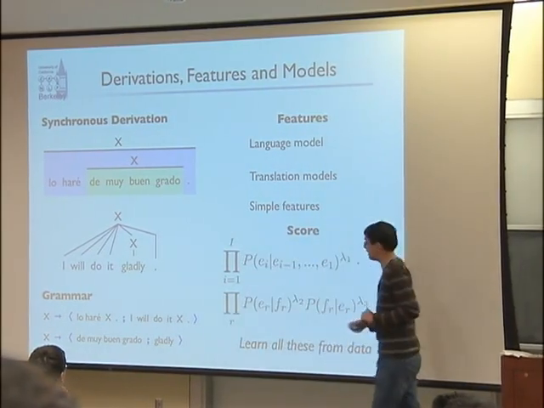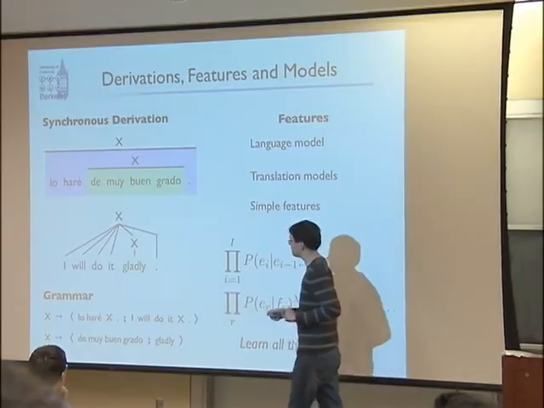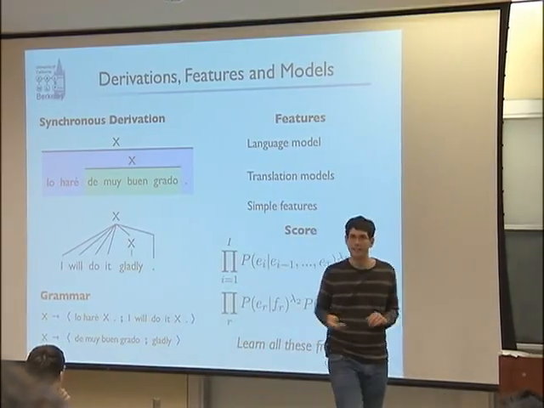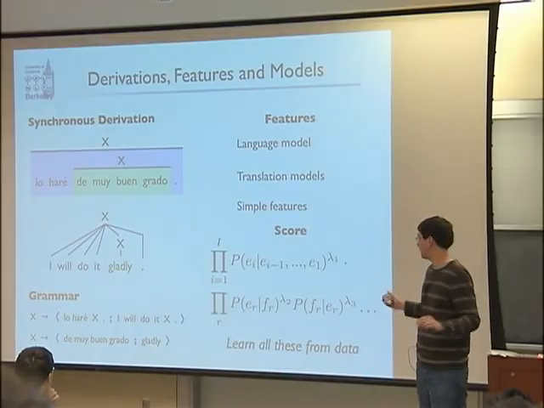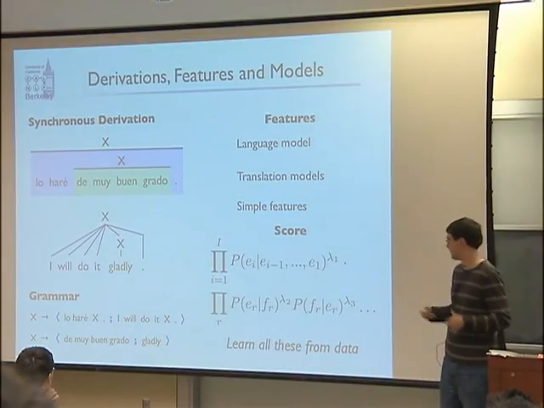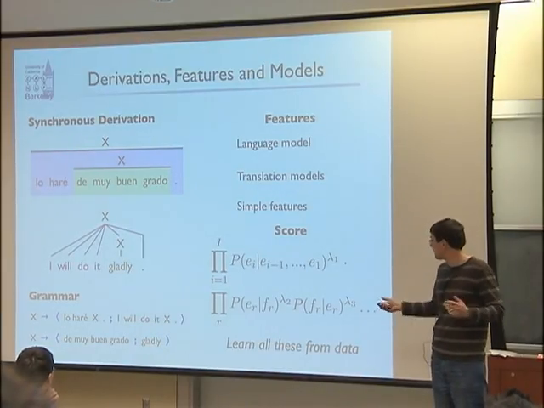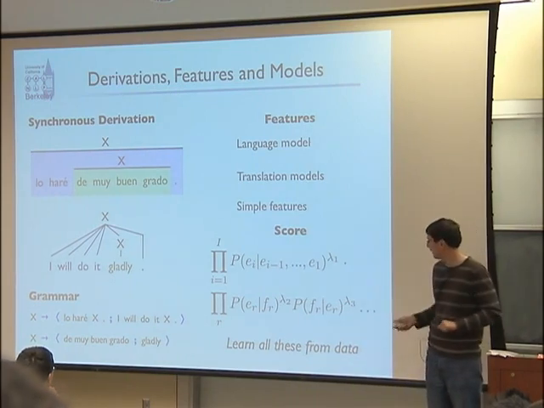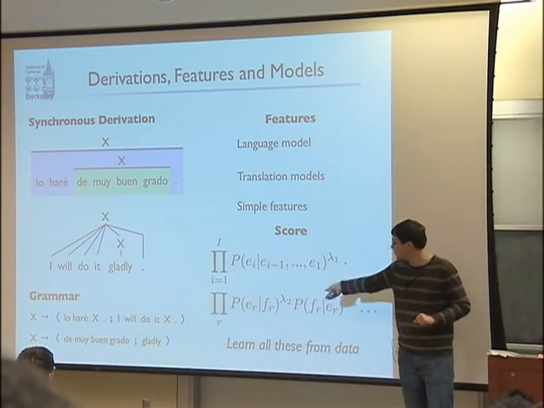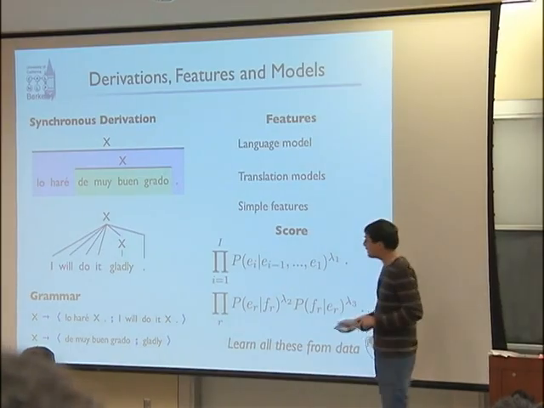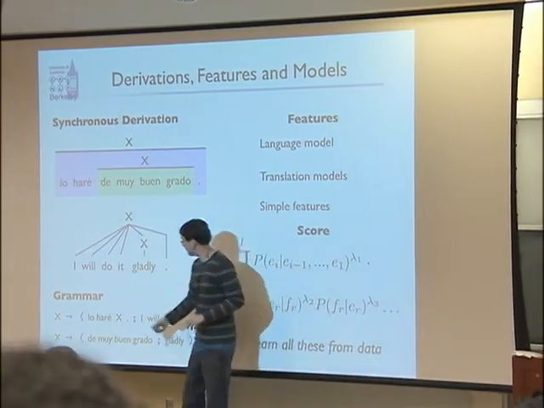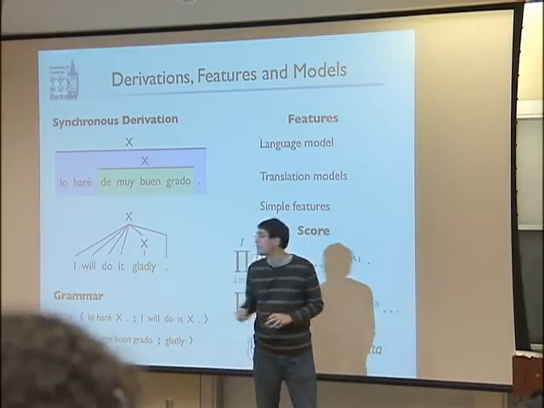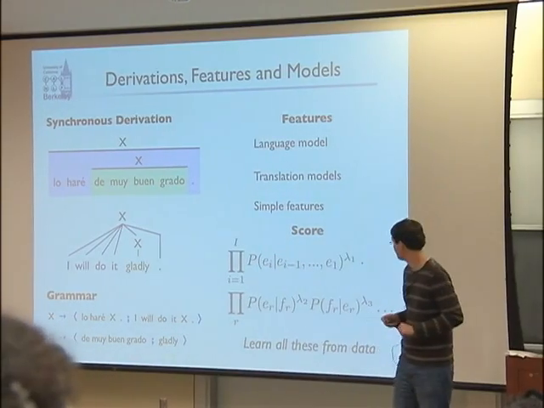And they say things like, for all of the different ways that I could translate de muy buen grado, what's the probability that I'll use gladly instead of happily, or instead of the dog, or all the different ways that I could imagine translating this phrase, some of which are good, some of which are bad, and we want to come up with the probability distribution over all the different ways of translating it. Likewise, for rules like this, for anything that says lo haré and then some gap, x, period, what are all the different ways of translating that into English?